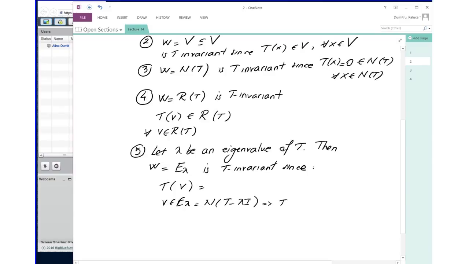The eigenspace of lambda is the set of all eigenvectors. An eigenvector for lambda has this property, T of V equals lambda V. All right, so T of V equals lambda V. So are we still in E lambda? Yeah, because E lambda is a subspace, it contains V. It's closed under scalar multiplication. It contains lambda V as well. Okay.